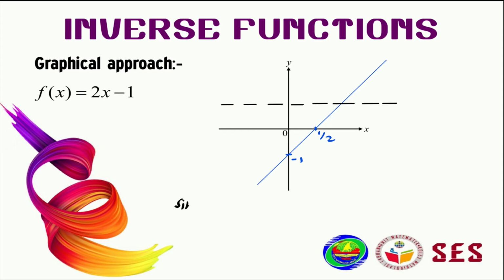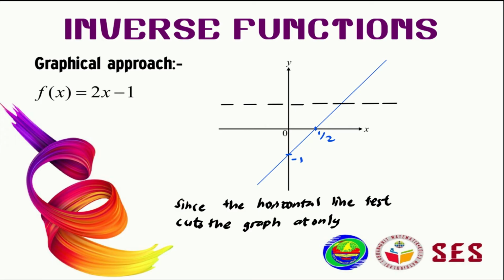Since the horizontal line test, or HLT, cuts the graph at only one point, f(x) is a one-to-one function. Suppose the horizontal line test cuts the graph at more than one point, then it is not a one-to-one function.